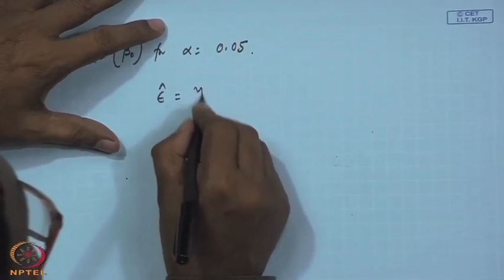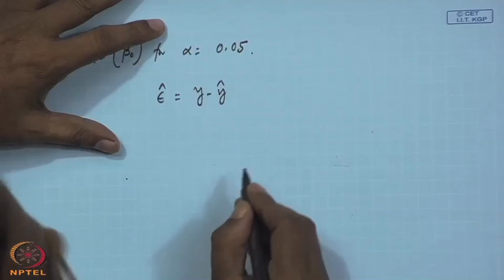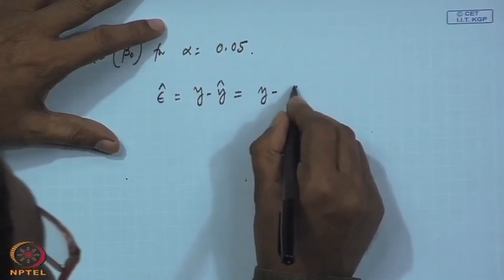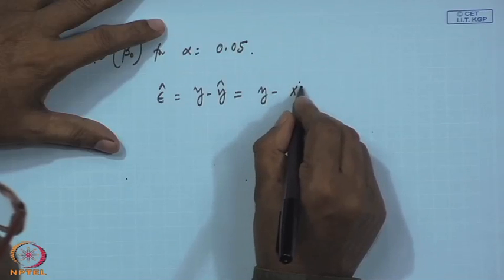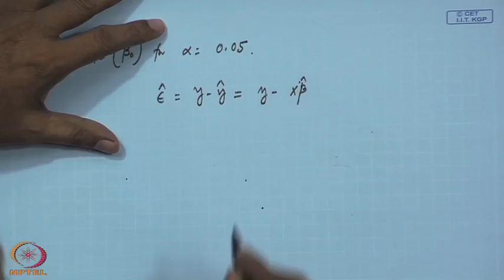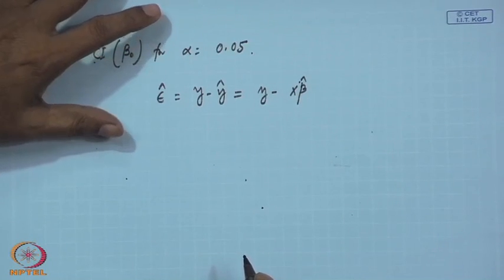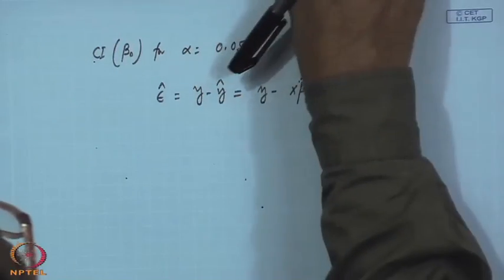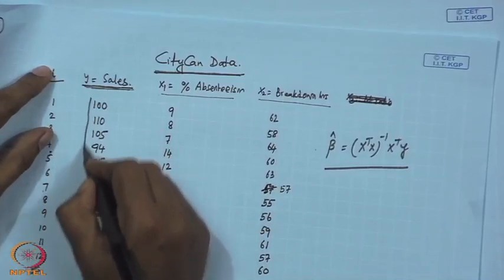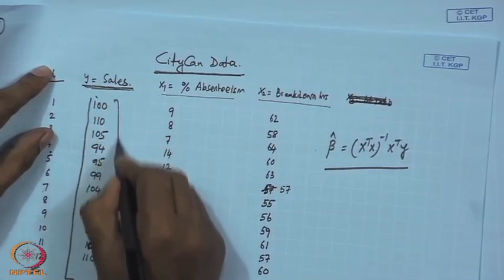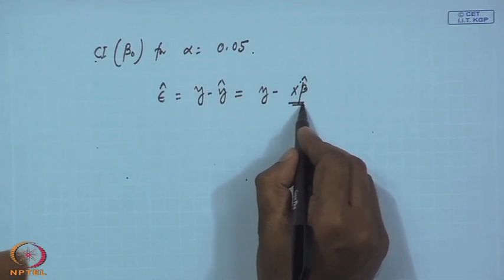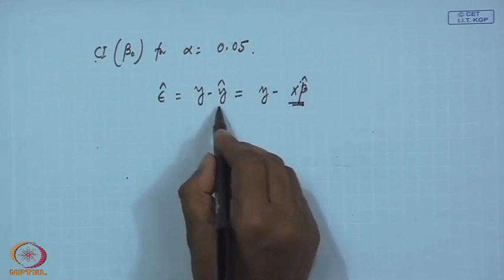Epsilon cap is y minus y cap, which is y minus x beta cap. Now, if you go to the original data, this is y. Using the formula x beta cap, you have to find y cap.